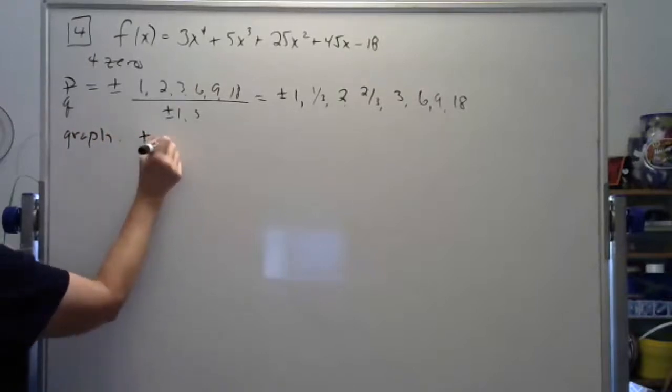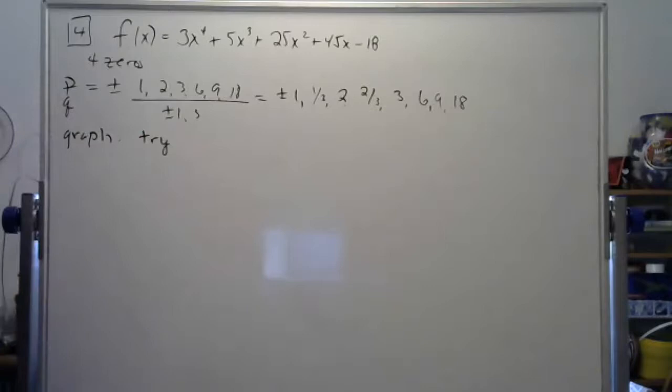So you go graph it and then tell me what numbers I want to try. Go for the left one just because it's usually easier as a class. So graph that polynomial and then tell me what one we should try.